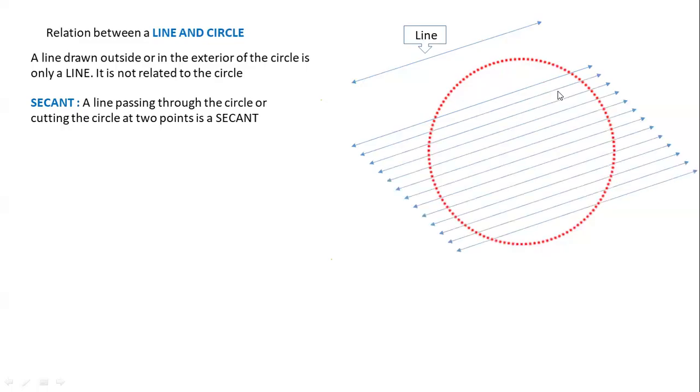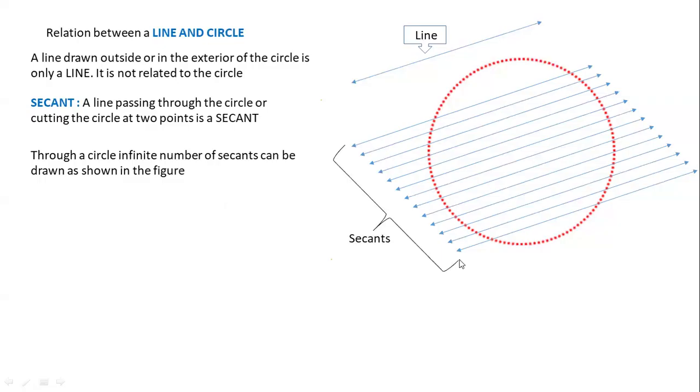So see how many secants you can draw. All are cutting through the circle and all are intersecting at 2 points. So you can have an infinite number of secants. Through a circle, an infinite number of secants can be drawn as shown in the figure. So all these are secants.